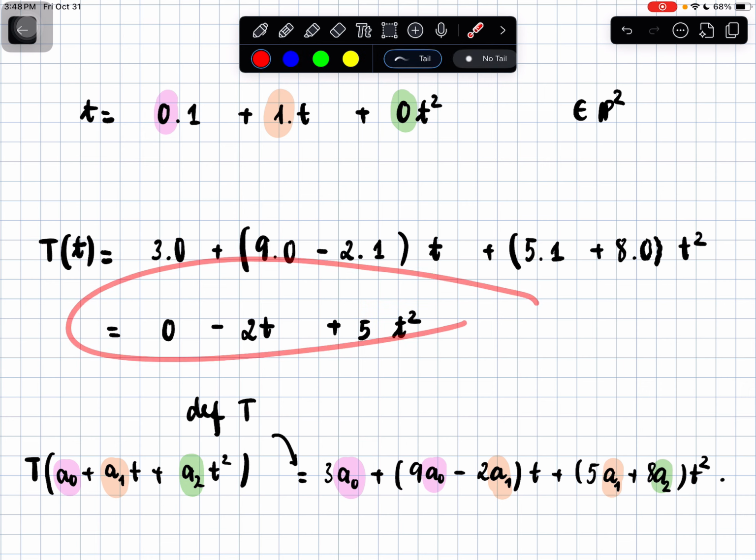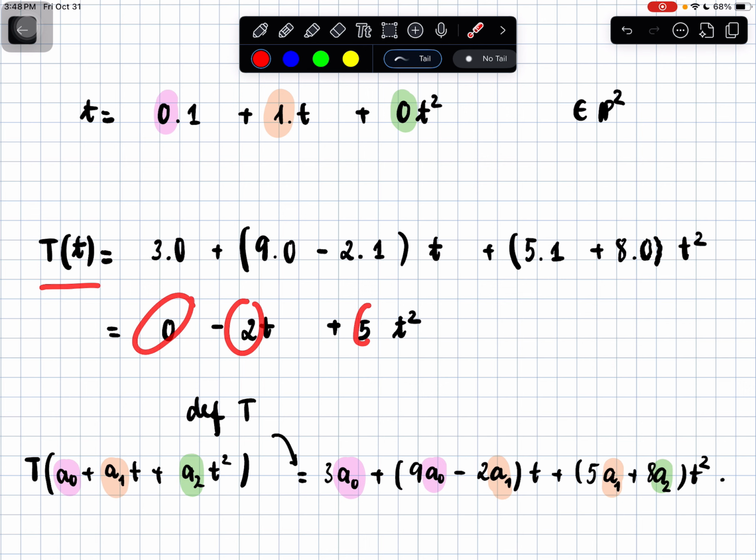The coefficients give us the coordinate of t.